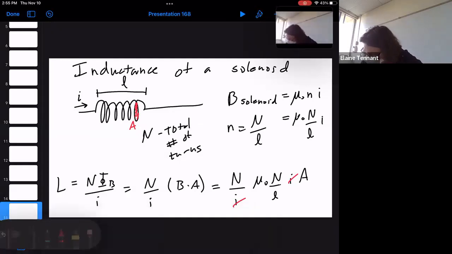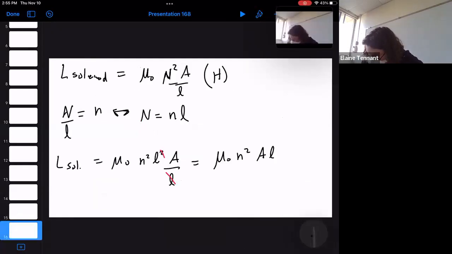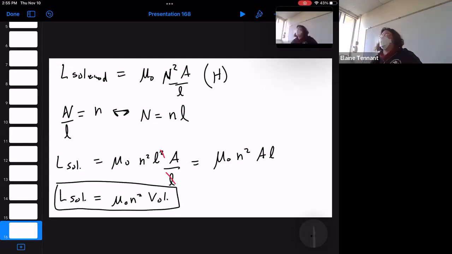So yeah, right here, for the solenoid, I have mu naught n squared times the volume of the solenoid. Is that okay? Okay, we're going to check back on that on Tuesday. Okay, cool.